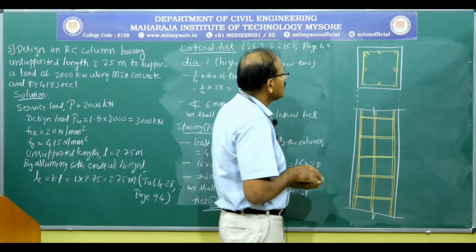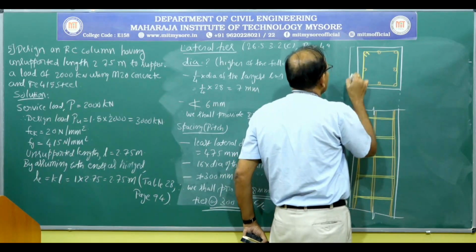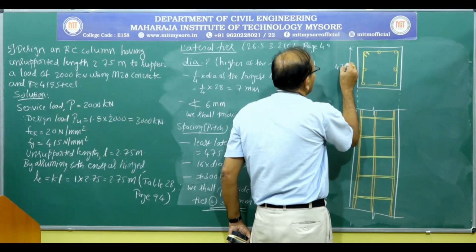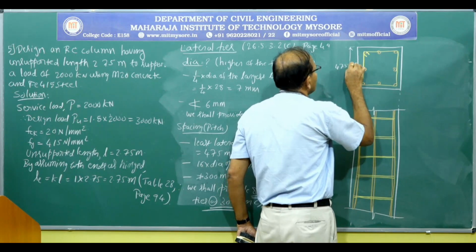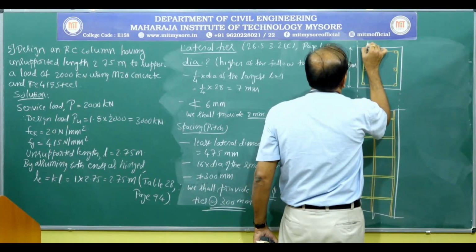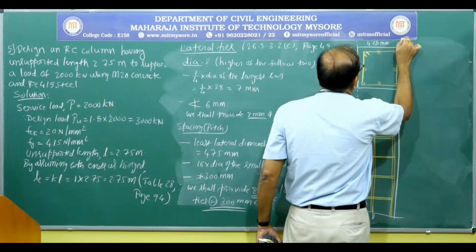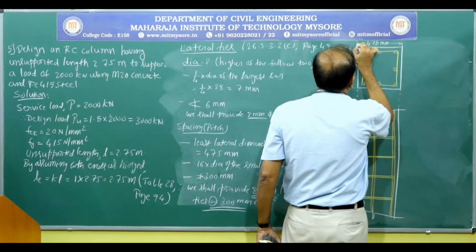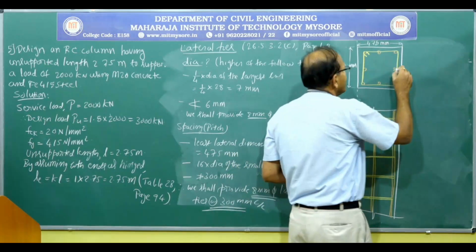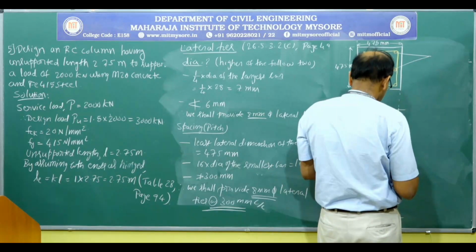Okay, so the dimensions of the column are 475 millimeter by 475 millimeter. Okay, and these are main reinforcements.